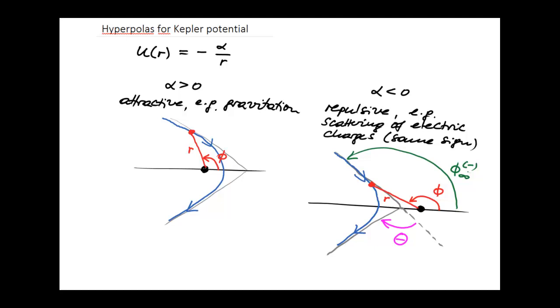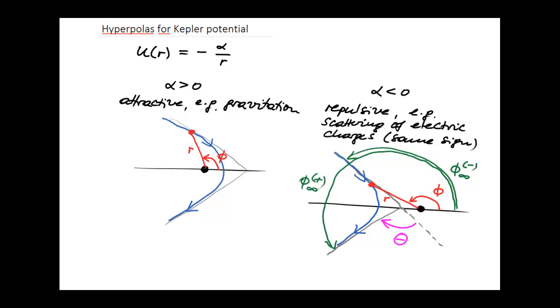After the scattering, when it moves away, and is again far away from the scattering potential, the asymptotic angular coordinate is this one here. And this I call phi infinity plus.